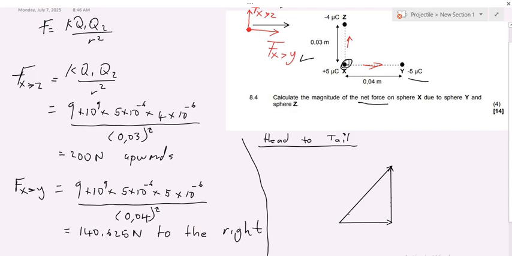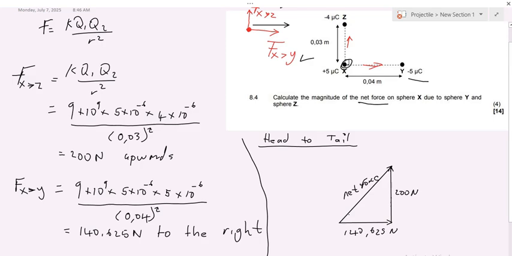So this vector represents our net force. This is our net force. This was the 200 newtons. This is the 140,625 newtons. Left, sorry, right, I mean.